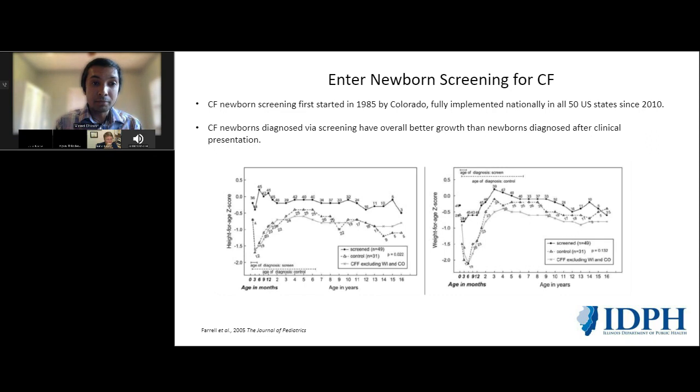You can see that both the height and weight of the babies, indicated in black lines, are overall higher in babies screened by newborn screening for CF as compared to the traditional clinical presentation methods. So obviously with newborn screening, you are getting earlier detection. And again, earlier detection means earlier treatment.